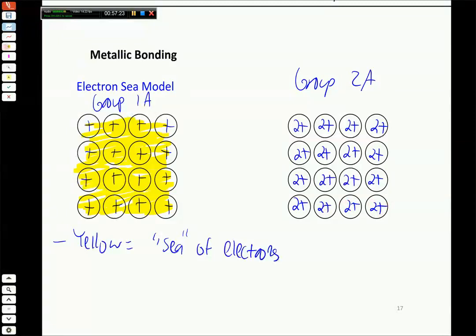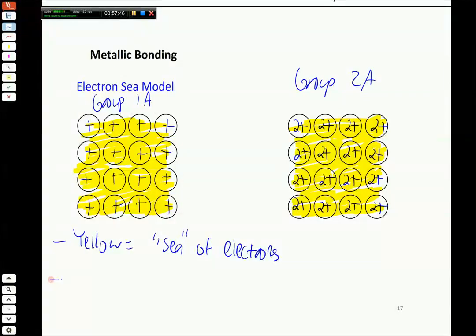And then in these metals here, you have two valence electrons from each metal that are going to be delocalized over the entire crystal. So the two valence electrons in group 2A metals are also then delocalized into this what we call sea of electrons, freely roaming around the metal, not tied together in any real way.